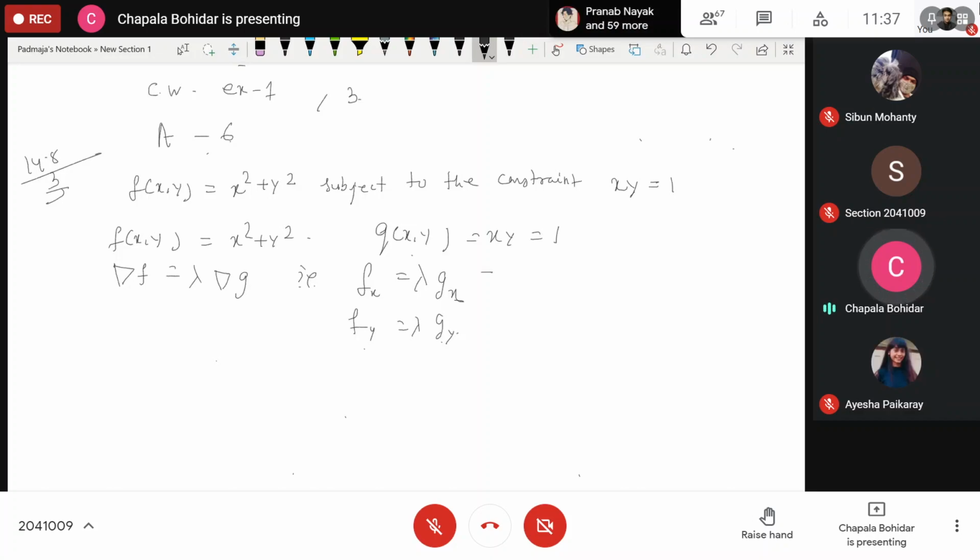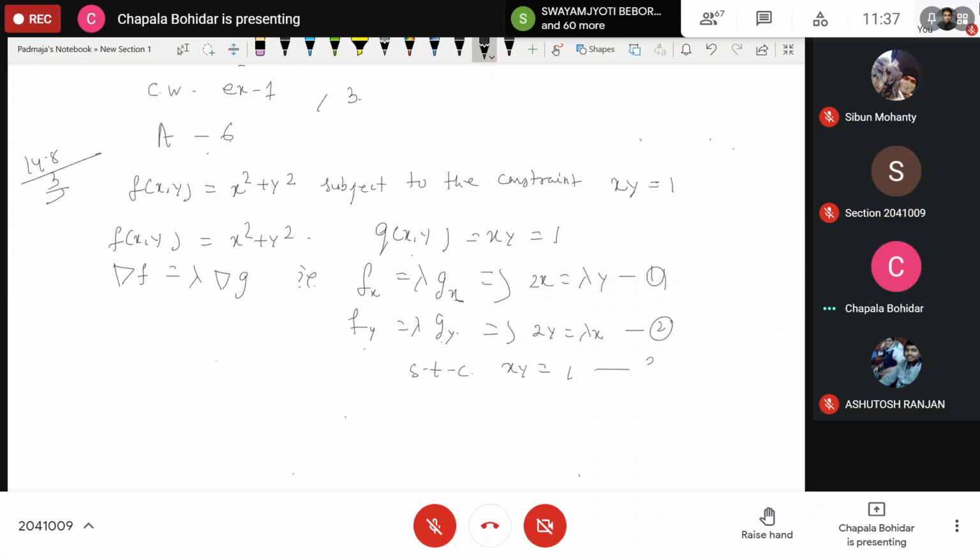So this implies f_x is 2x is equal to lambda y, and 2y is equal to lambda x. Subject to the constraint xy is equal to 1.